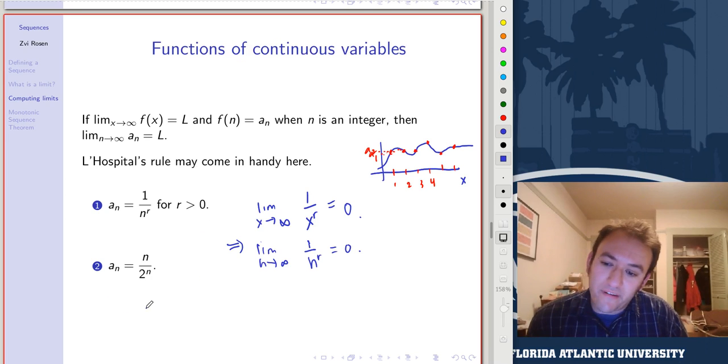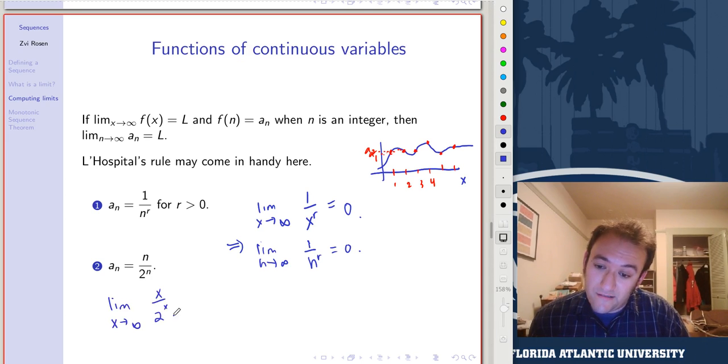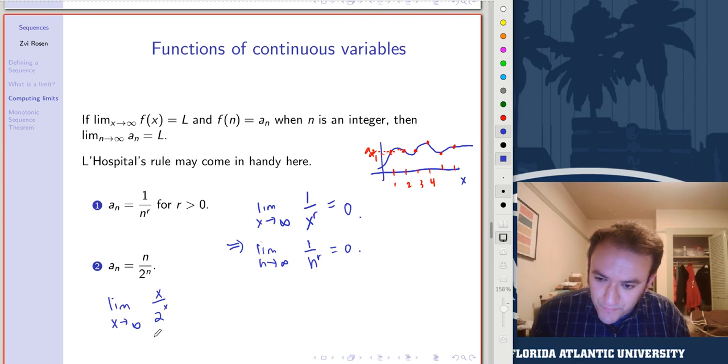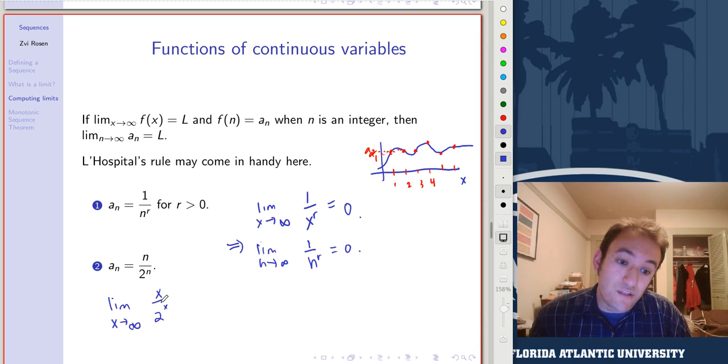Okay, how about a sub n equals n over 2 to the n? So here again, we're going to compute the limit as x goes to infinity of x over 2 to the x. Again, we're looking at values of a function. And this we can see as an indeterminate form.